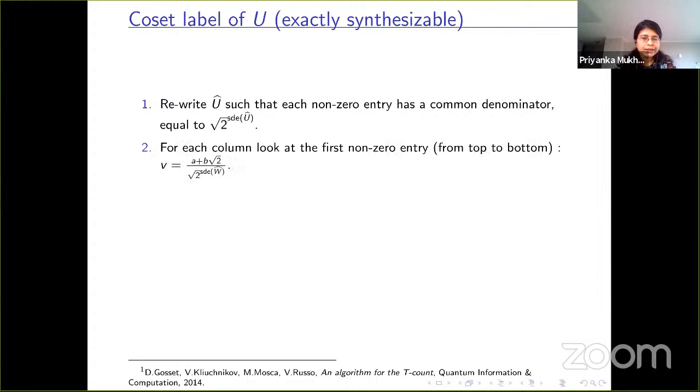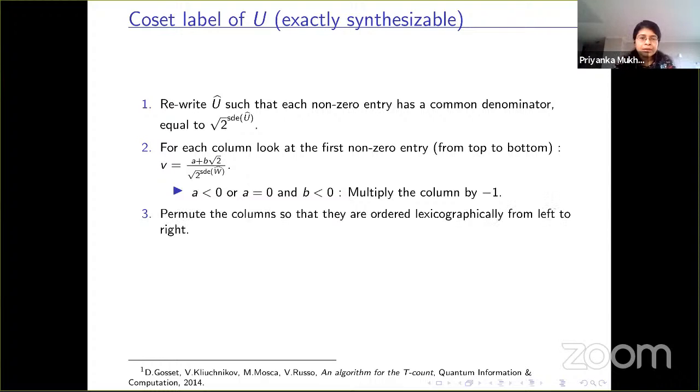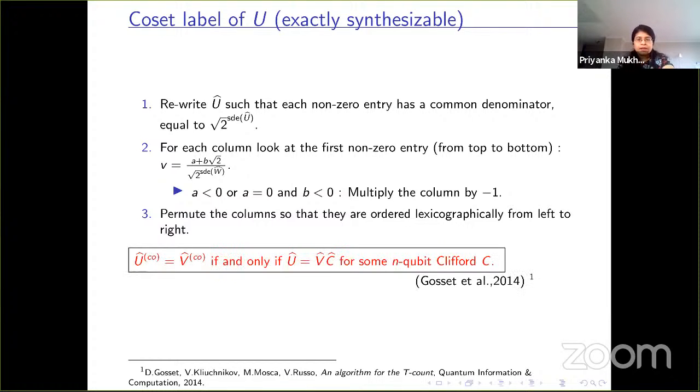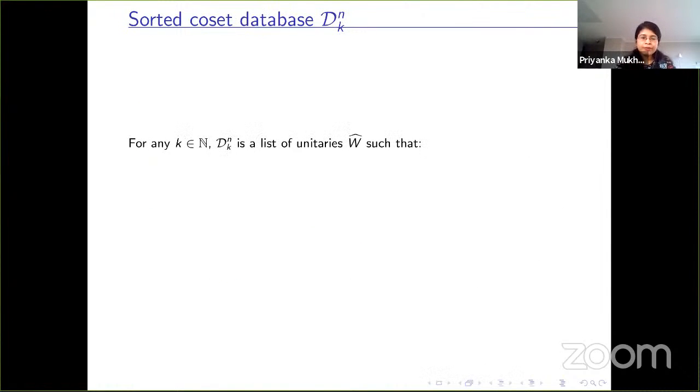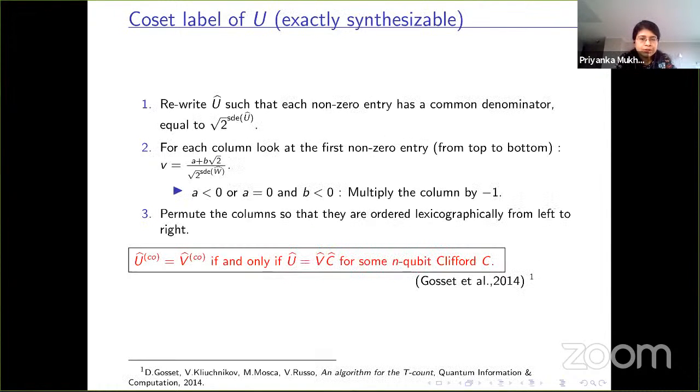For each column, we look at the first non-zero entry. If the rational part is less than or equal to 0, and the irrational part is less than 0, we multiply the column by -1. Then we permute the columns so that they are ordered lexicographically from left to right. It has been proved by Gosset, Kliuchnikov, Mosca and Russo that if the coset labels of the channel representations of two unitaries are equal, then U is equal to V times some Clifford, up to some global phase.